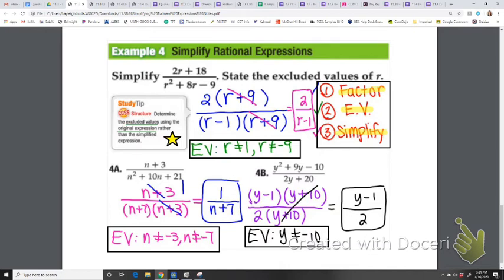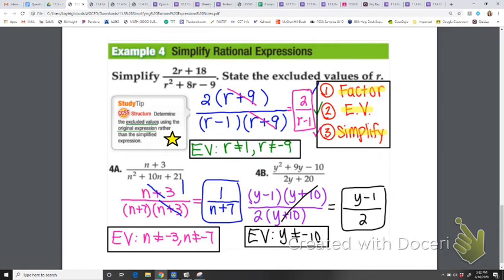Sometimes you can factor by using the greatest common factor, like that numerator there. 2r plus 18 has a GCF of 2, so you can bring out the 2, and r plus 9 is left over, so it's kind of like reverse distributive property. And the denominator, that trinomial, I need 2 numbers that multiply to a negative 9 but add to an 8, so that factors into r minus 1 and r plus 9.